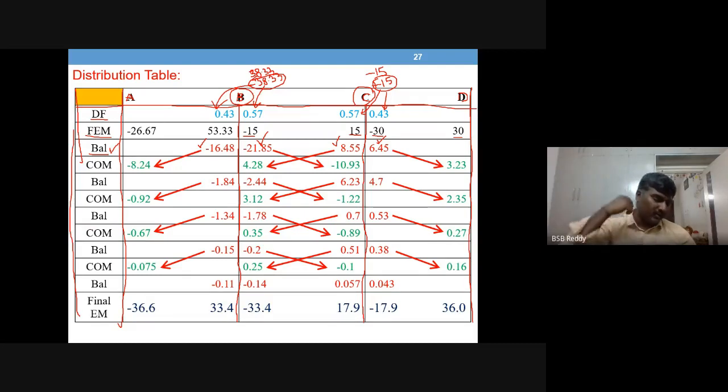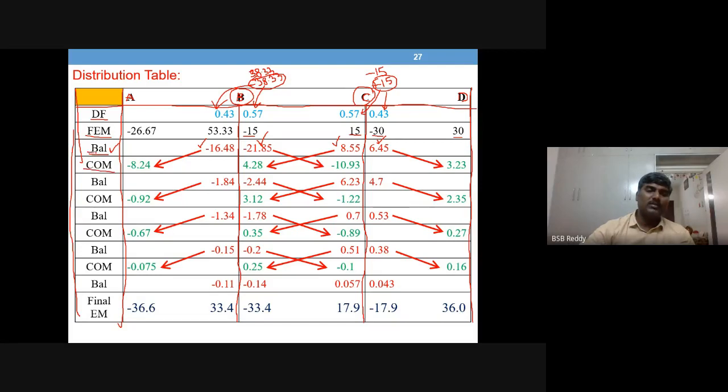Then what next? So once you add some moment or apply, adding means what? You are applying this value. Once you apply moment at one end, opposite ends, if it is fixed end, then half the moment will be carried there. That is what is called carryover moment.